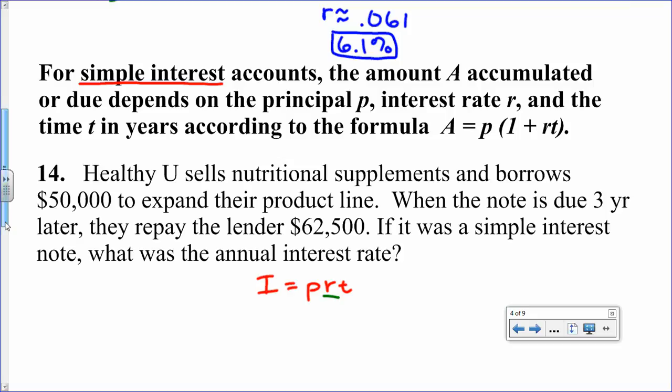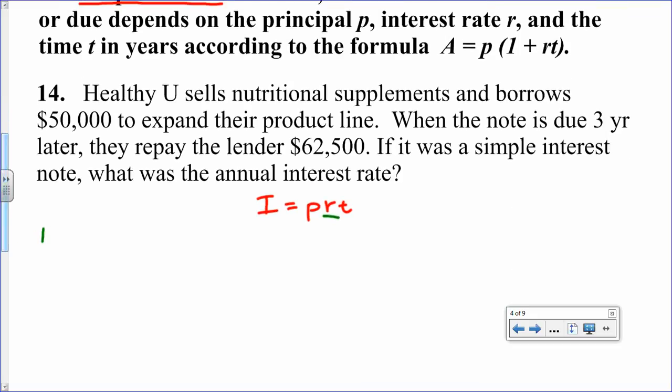So that means I need numbers for I, P, and T. I'm going to wait on I for a second. How much should we start with? 50,000. What was the time? So I, remember, is your interest calculator, not your final amount.